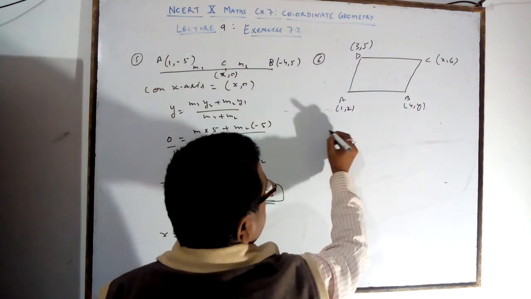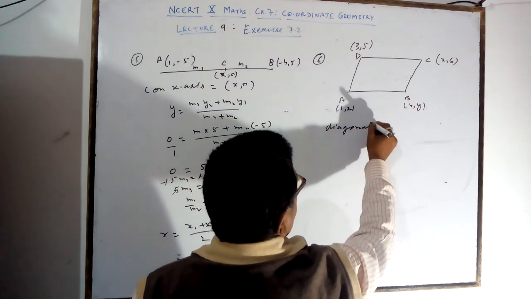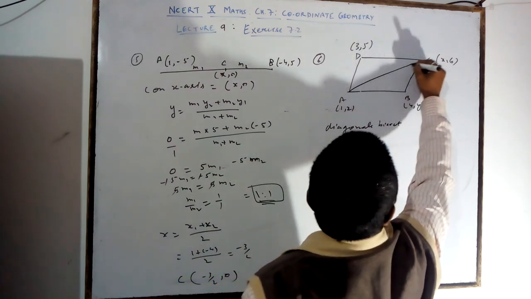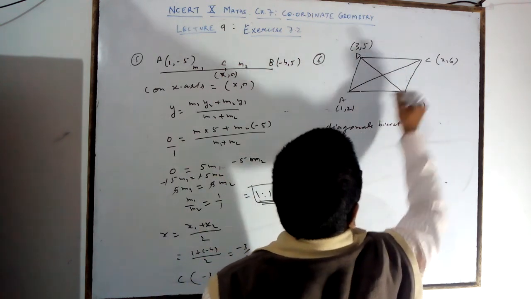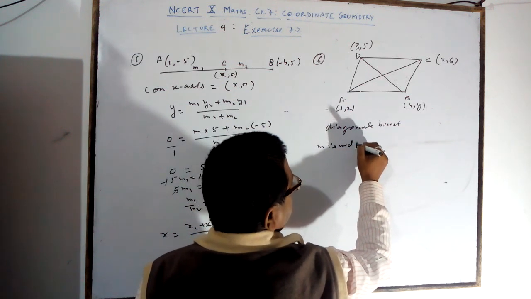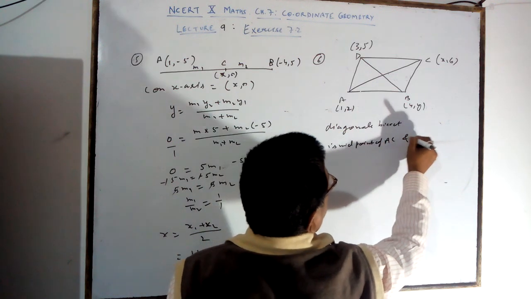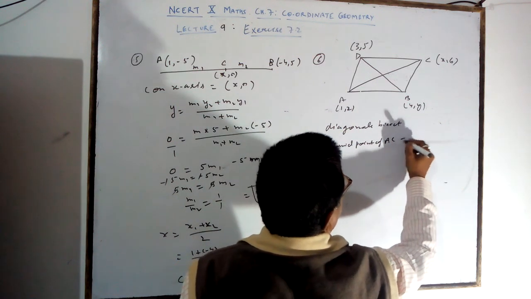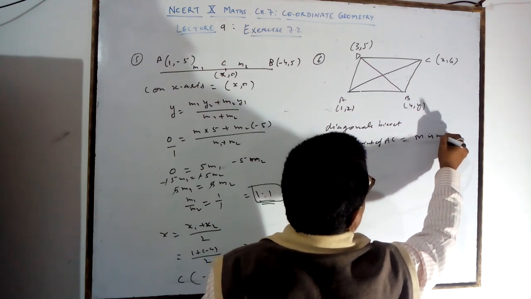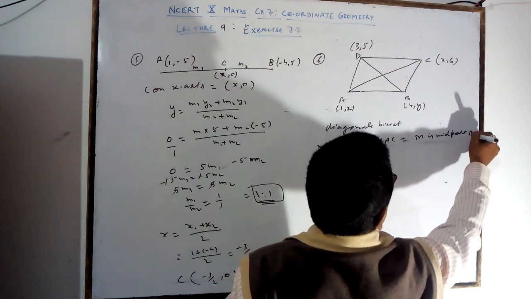Use the property of the parallelogram: diagonals bisect each other. Join them. So M is the midpoint of AC and M is also the midpoint of BD.